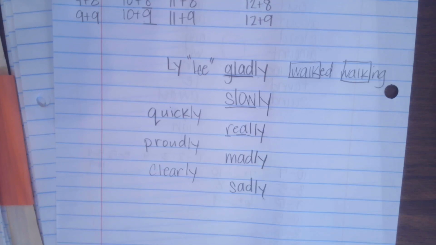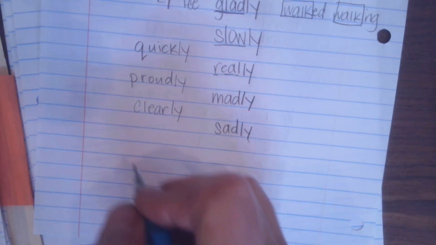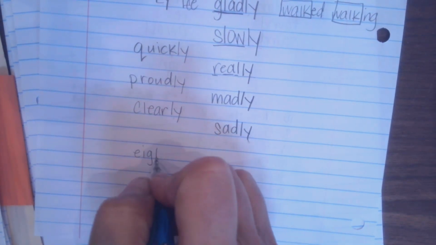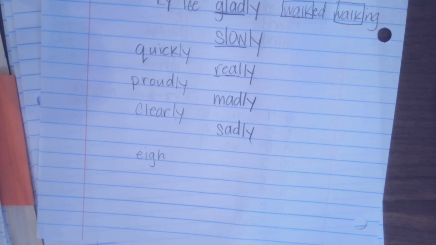And then we're also gonna do, it's a crazy blend. It's E-I-G-H. Now, you're not gonna believe it, Audrey, but here is the situation. The sound that E-I-G-H makes is crazy. It doesn't even have the letter in it, it's A. So E-I-G-H makes A. Isn't that crazy?